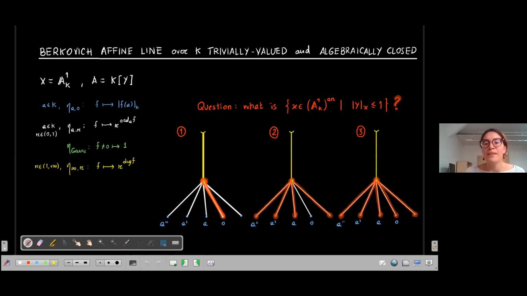Then the other picture is all the other rays from the Gauss point to the K point, except the one that goes towards 0. And then the third case is when we get everything from the Gauss point except this yellow line. Okay. I will pause for a second and let you think about this question.